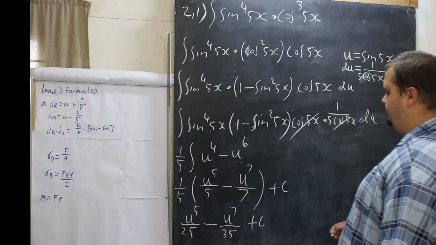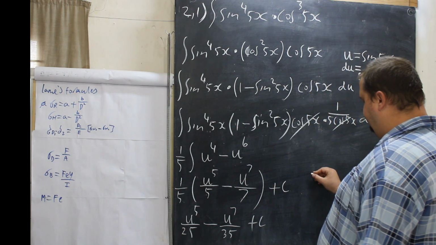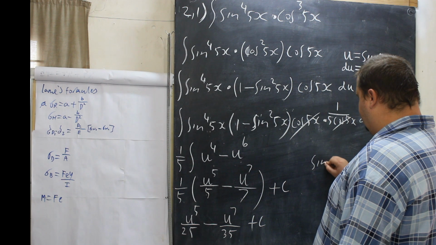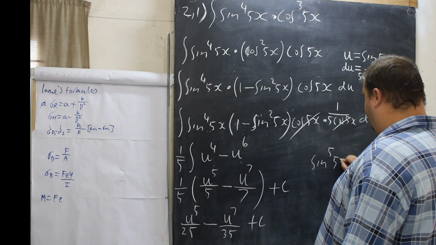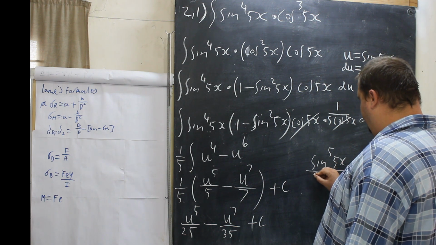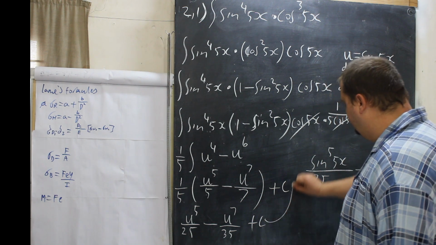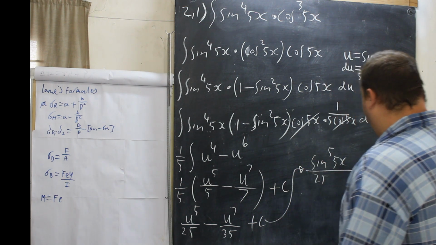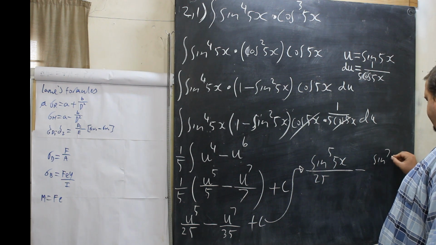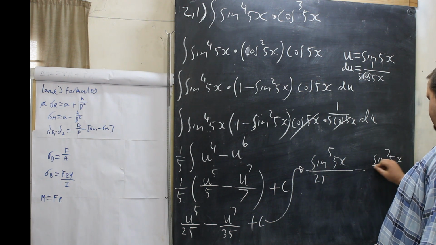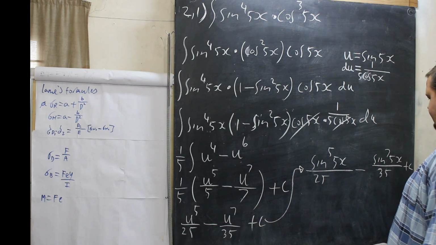And then the final step is we replace u with sin(5x). So sin^5(5x) over 25 minus sin^7(5x) over 35 plus c.